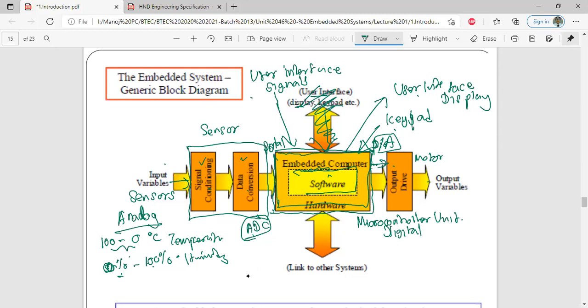Then you will have the output variables. Output variables means what is happening after that, right? The motor turning, and those kinds of things. Here we have links to other systems.